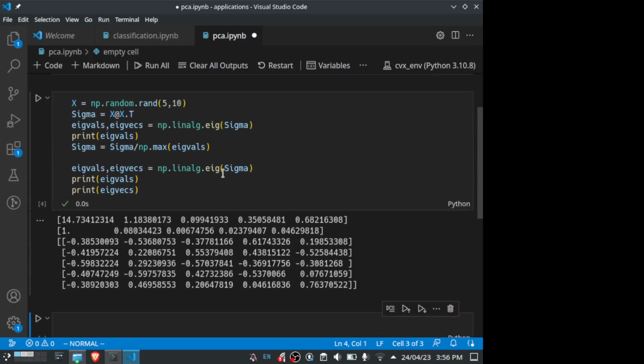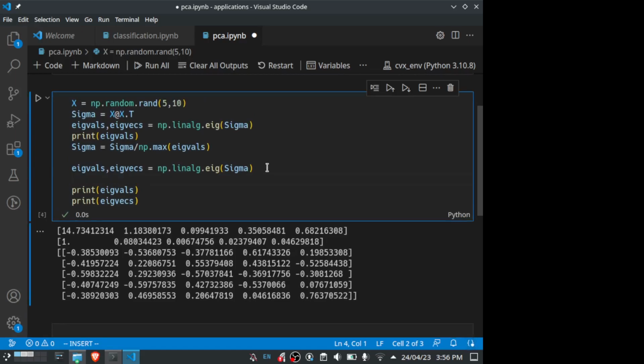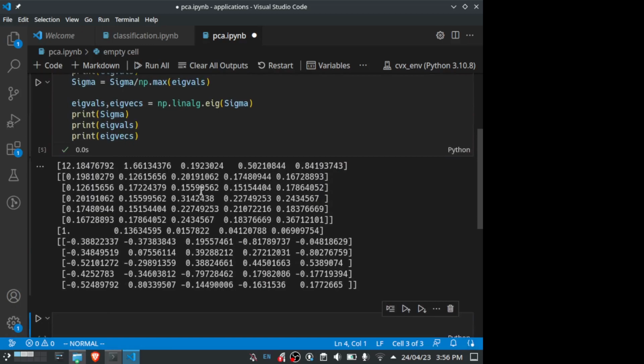And then I can print sigma. Here it's not evident just by looking at it that it's close to the identity matrix, but the largest eigenvalue is 1, and the eigenvector that corresponds to this is this particular vector.